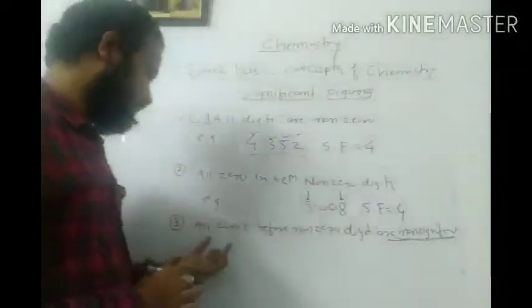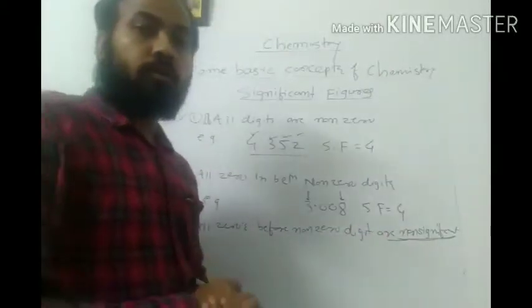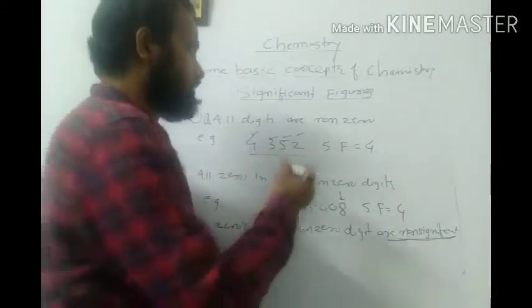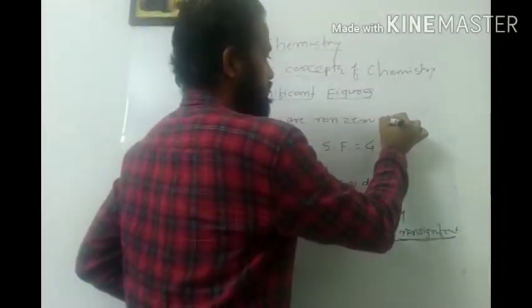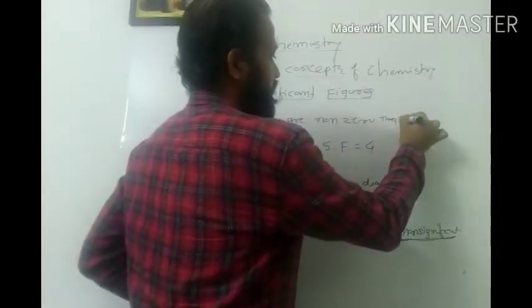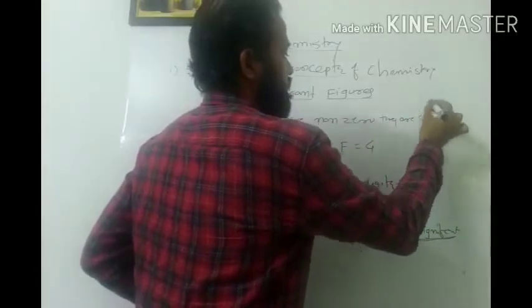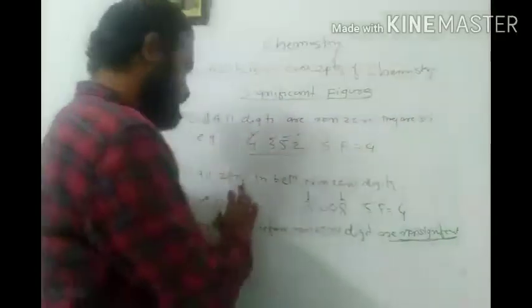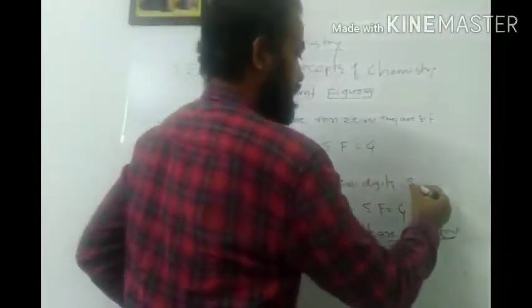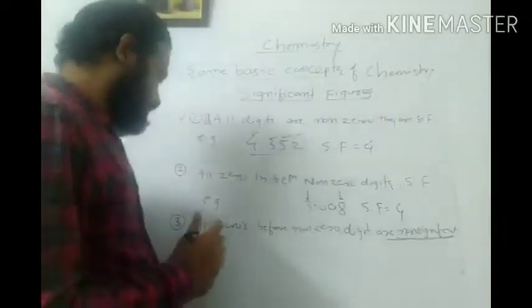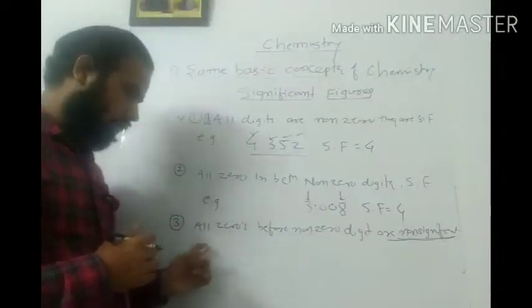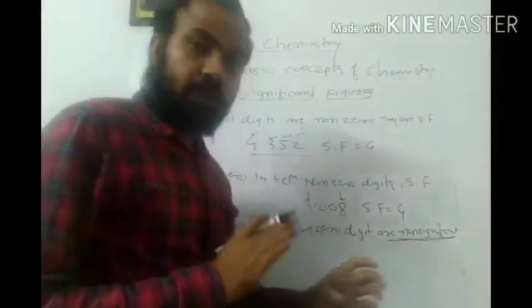According to the earlier rules, if all digits are non-zero they are significant, and all zeros in between non-zero digits are significant. Now the third rule: all zeros before non-zero digits are non-significant.